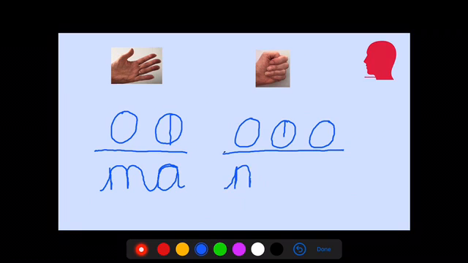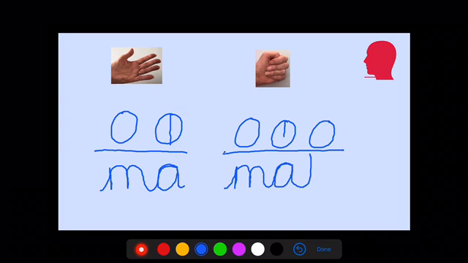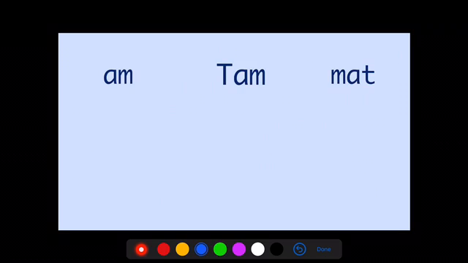I need the letter M. A is A and T is T. Maymat. Let's read them. Am, tam, mat. We went over those words in writing words 1.